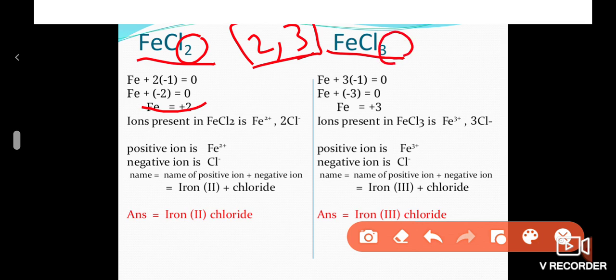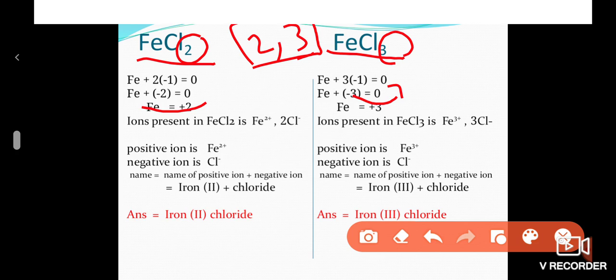So the number of atoms is multiplied with the charge. So now we get Fe minus 3 equal to 0. Now we move that minus 3 to the other side of the equal sign. What do we get? Plus 3. So here what is the valency of iron? 3. Okay. So in FeCl3 the valency of iron is 3.